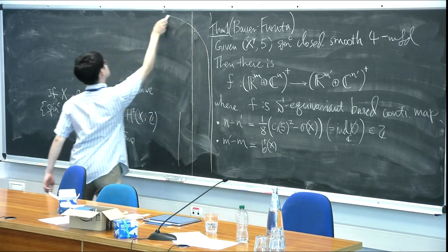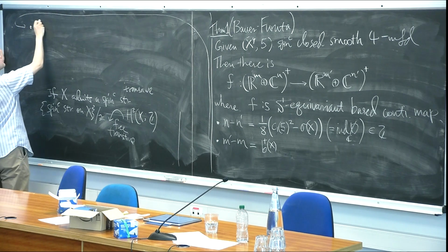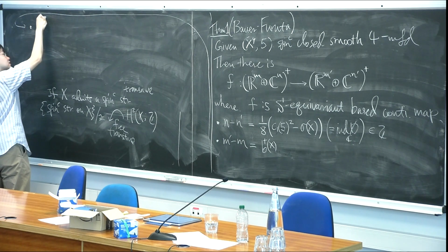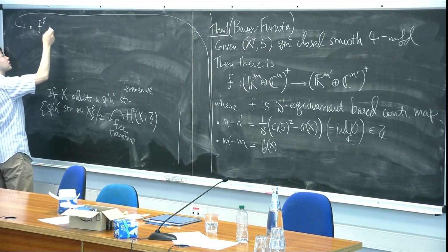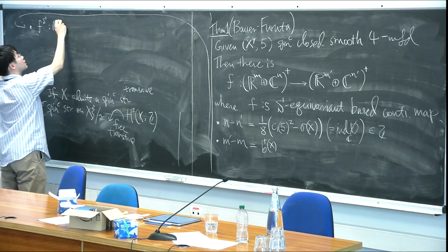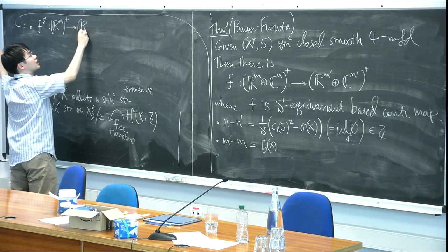Let me continue. One more last condition is that if you take the circle fixed point set map, well, I have not explained what the action is, but I will explain soon, this actually is a map from the real part of the equation.